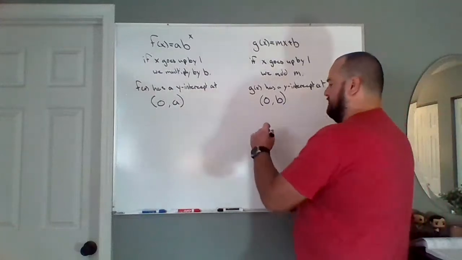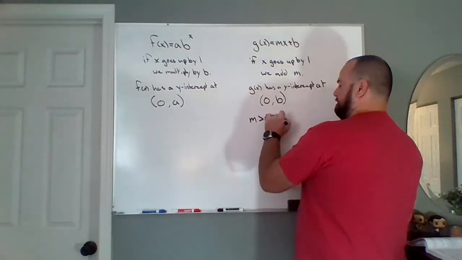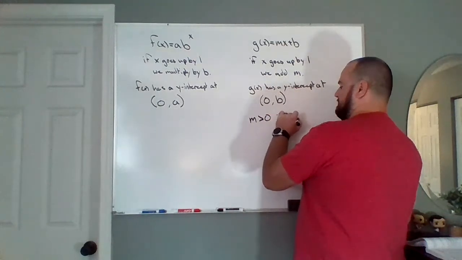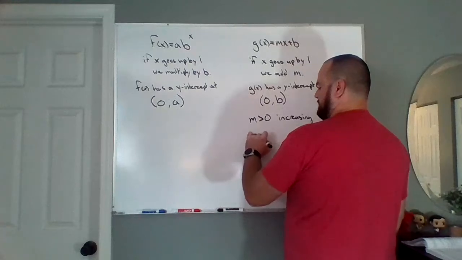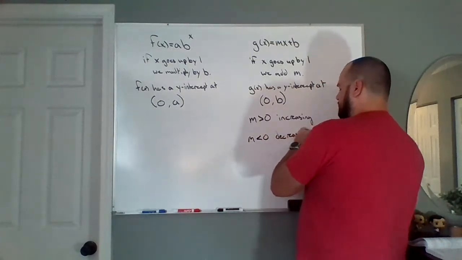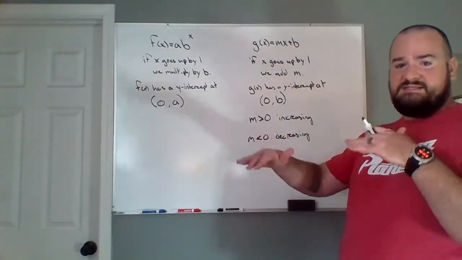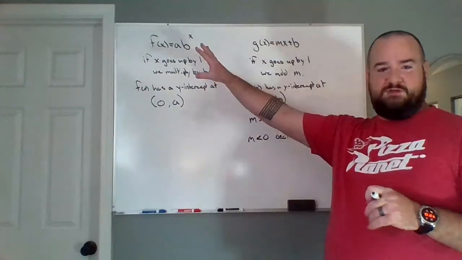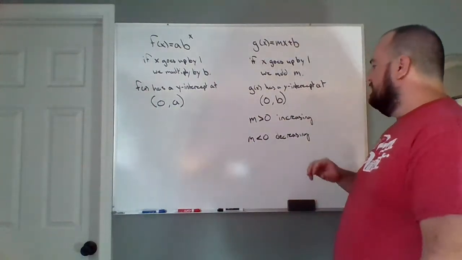And we can simply say, okay, if m is greater than 0, that means this is increasing. If m is less than 0, you're decreasing. Now, if m equals 0, we have a constant function, right? And that's not a relation we get between the two, and that's okay. Not everything is exactly the same.